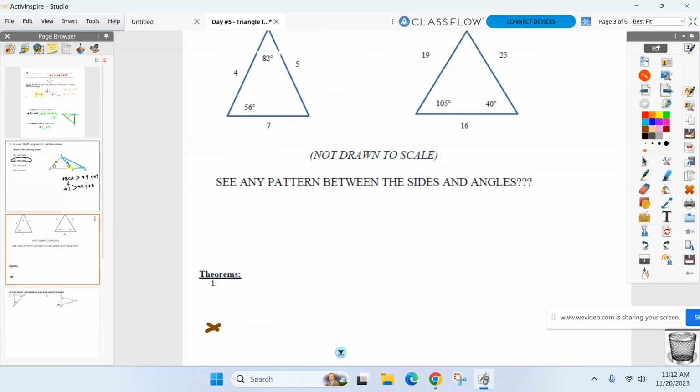So you've noticed I've given you 2 triangles. Both triangles have a missing angle. Quickly in your group, can you find the missing angle for both triangles? And then we'll come back up here. Yours are drawn to scale, mine are not.